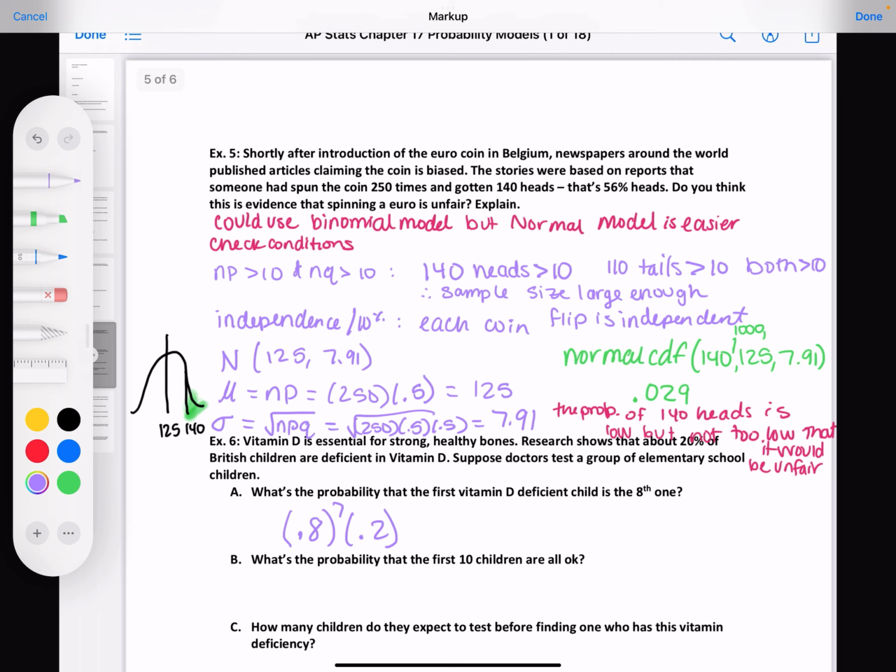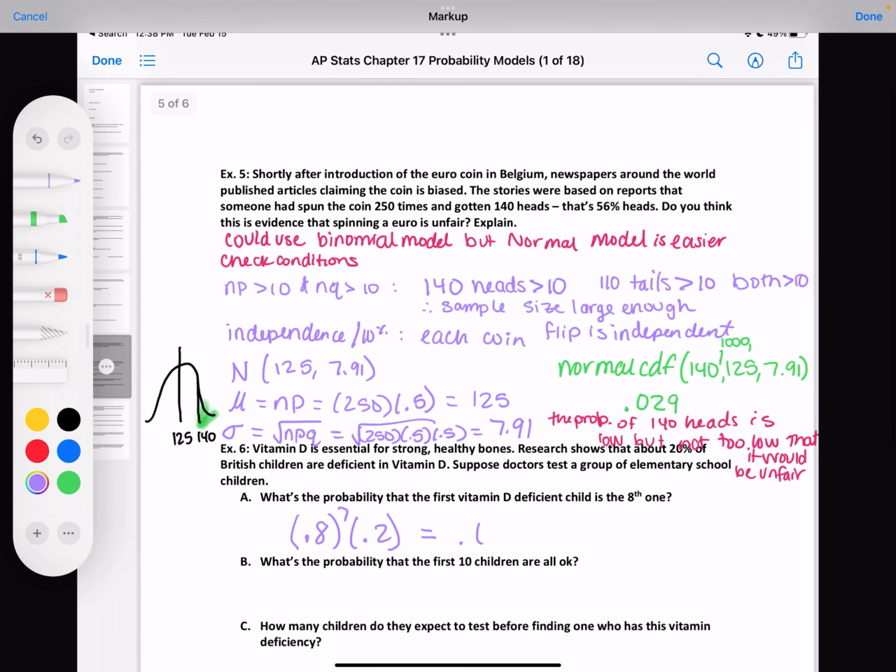I always try to complicate things. I got 0.042.